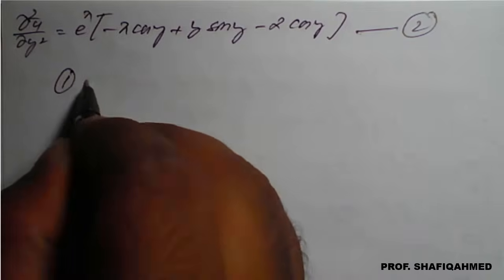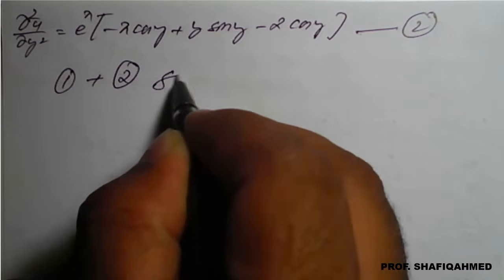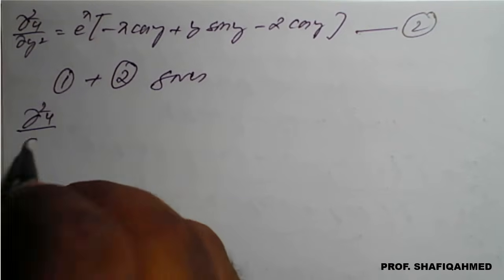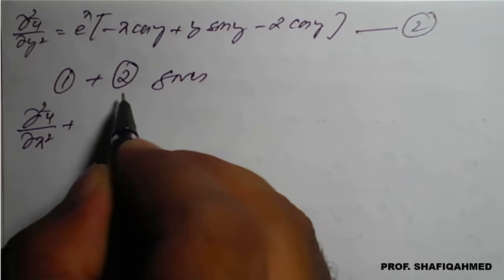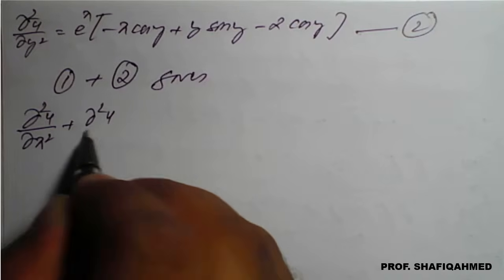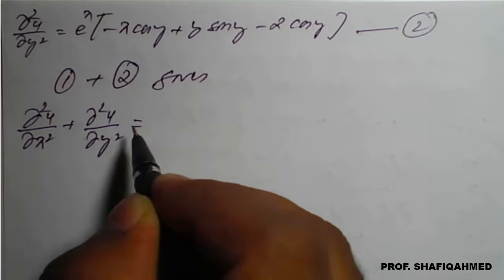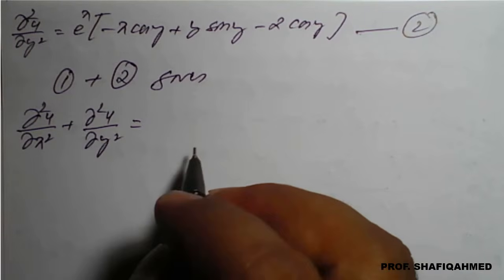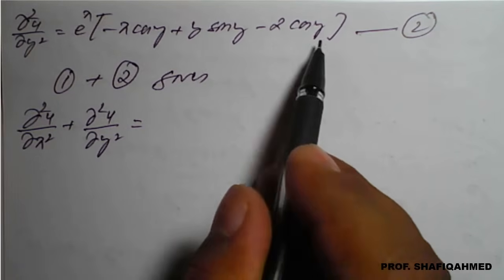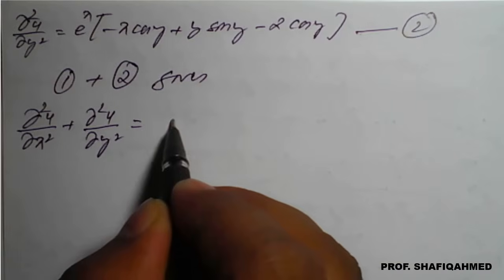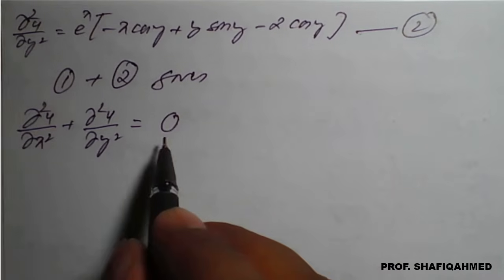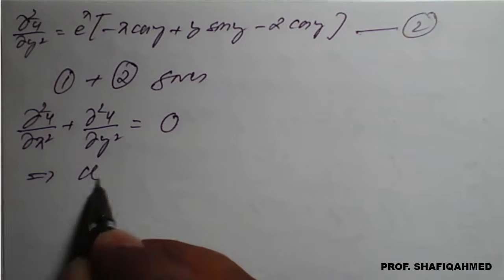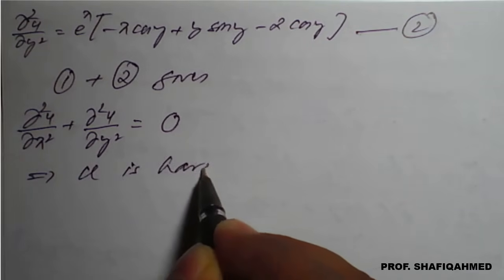If you go for 1 plus 2, the left hand side of 1 is ∂²u/∂x², and the left hand side of 2 is ∂²u/∂y². The right hand side of ∂²u/∂x², if you add with the right hand side of 2, you will find the answer 0. You can check the calculation, you will get the answer 0. So which implies u is harmonic.